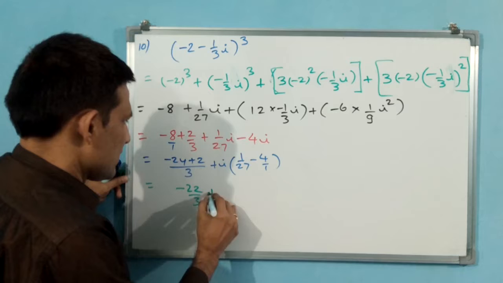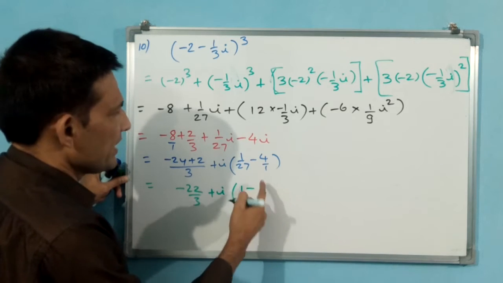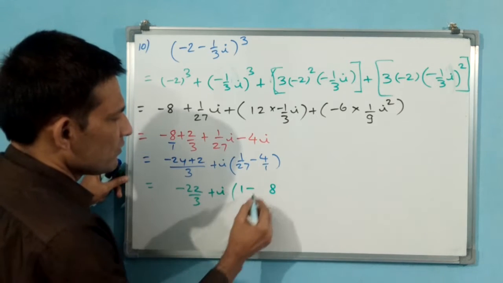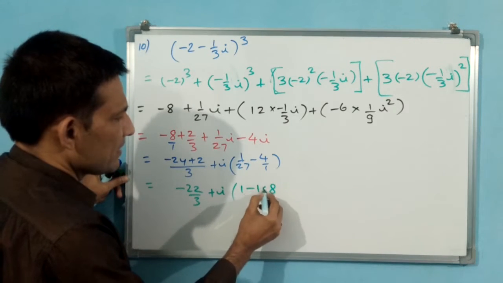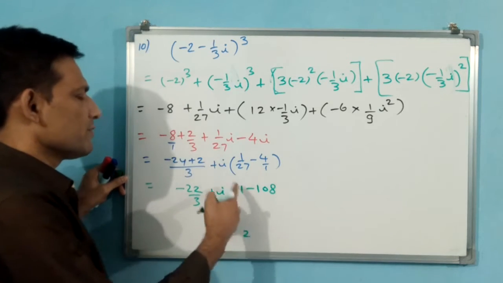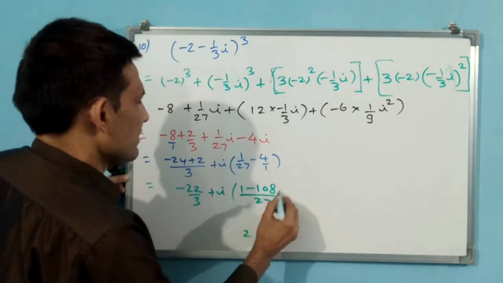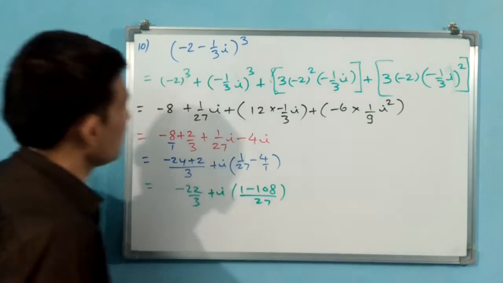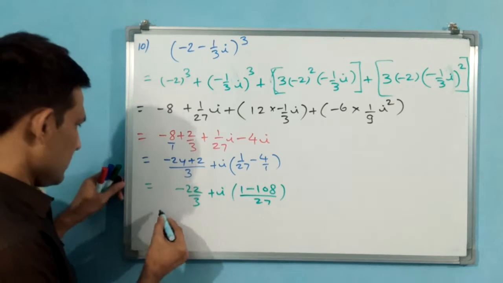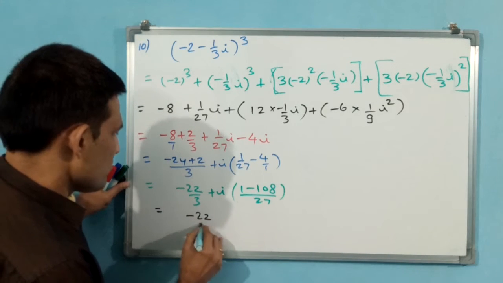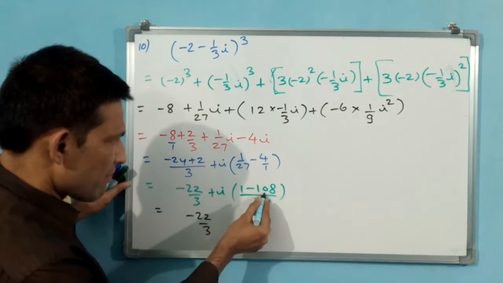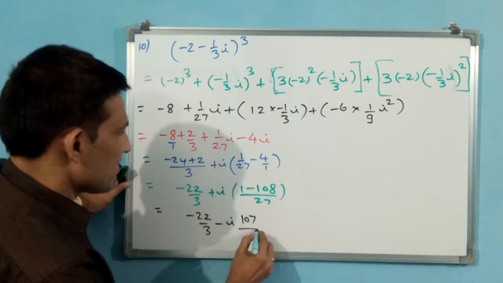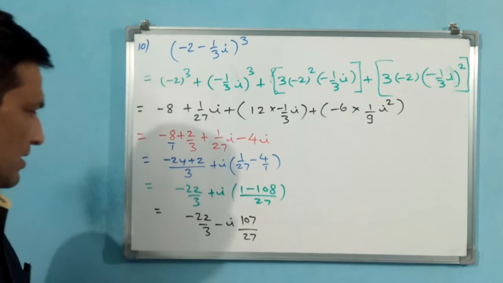For the imaginary part, 4 sevens are 28, 4 twos are 8 plus 2, 10, by 27. Both are minus coming, so finally minus 22 by 3 minus i 107 by 27. This will be your answer.